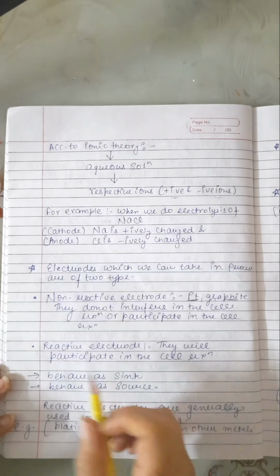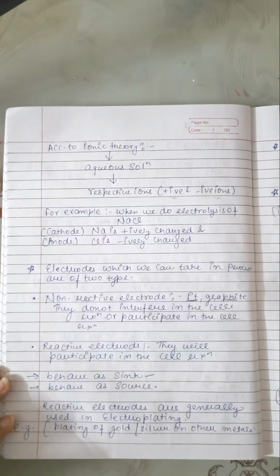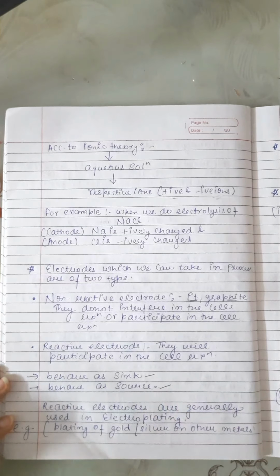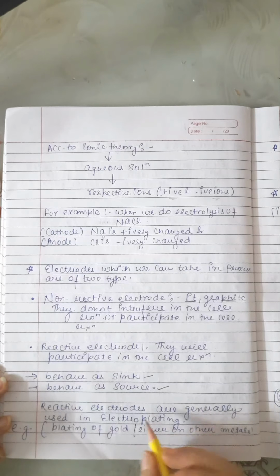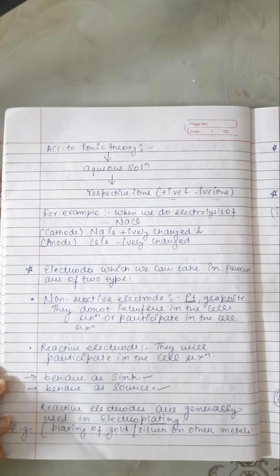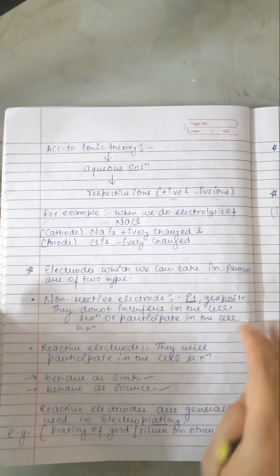The reactive electrode can behave as sink or they can also behave as source. Reactive electrodes are generally used in electroplating. For example, in plating of gold, silver or other metals.